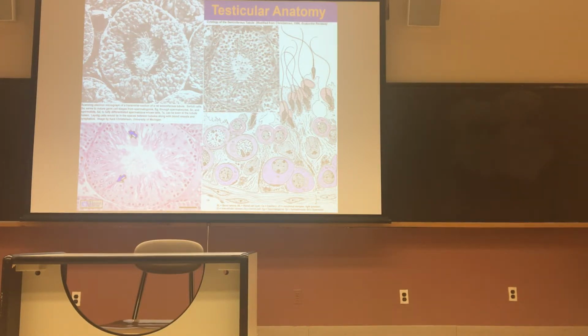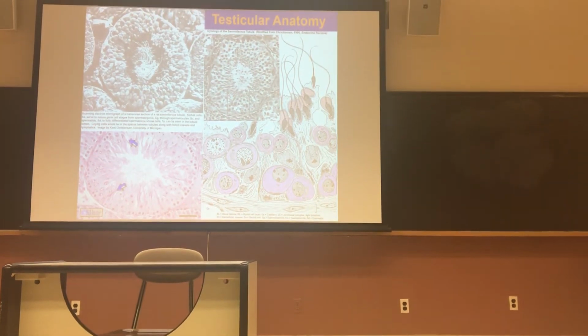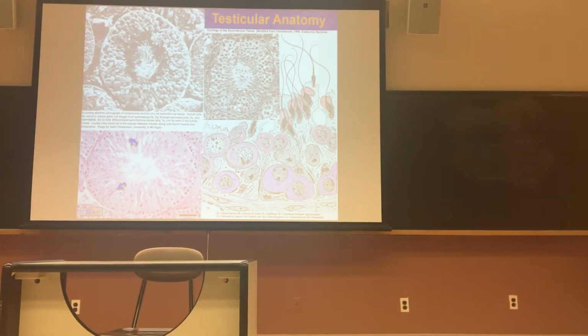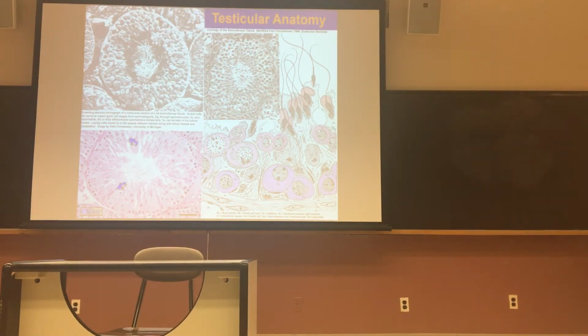And there are various stages of sperm cell development scattered up toward the lumen and actually embedded or surrounded by Sertoli cell cytoplasm. So if you took this picture and blew it up and drew a picture of it, you'd see something like this.